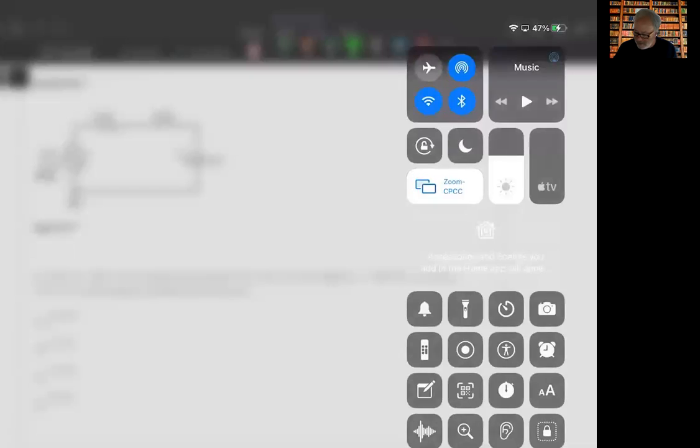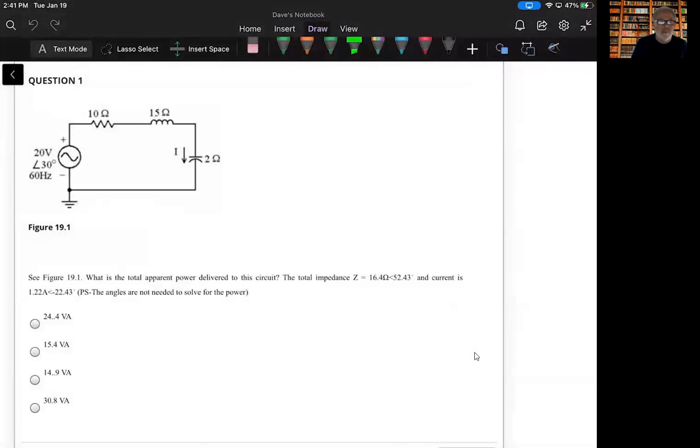So I bring this in here, and I'll just try to do this live instead of waiting. Okay, here we go. All right, so here's one type of problem that you will see on the quiz. This is actually right out of Boylestad's circuit analysis book, figure 19.1, chapter 19.